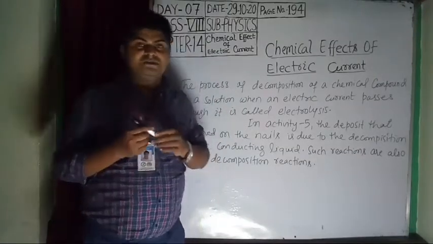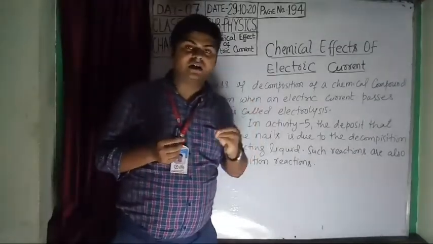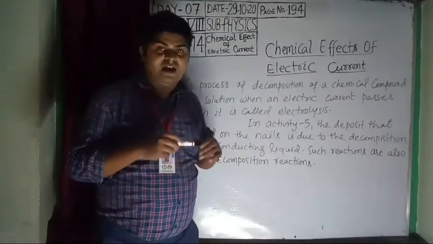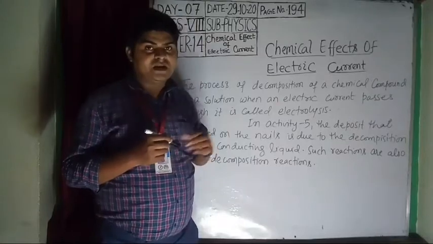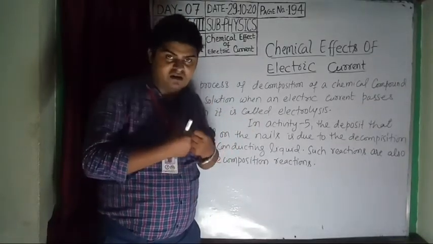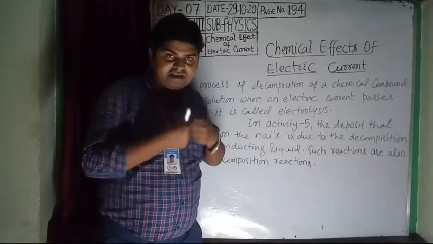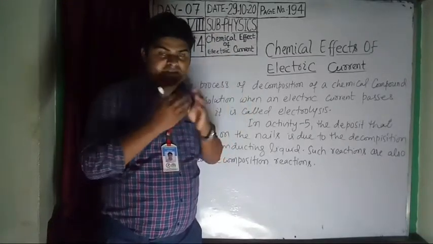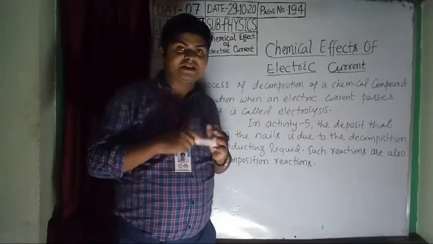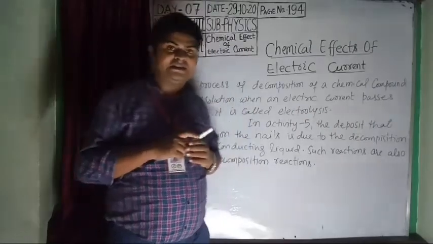When you take salt and HCl in water and electricity is passed through them, bubbles are formed. That means NaCl, salt, and HCl dissociate and separate when electricity passes through. That process is called electrolysis.